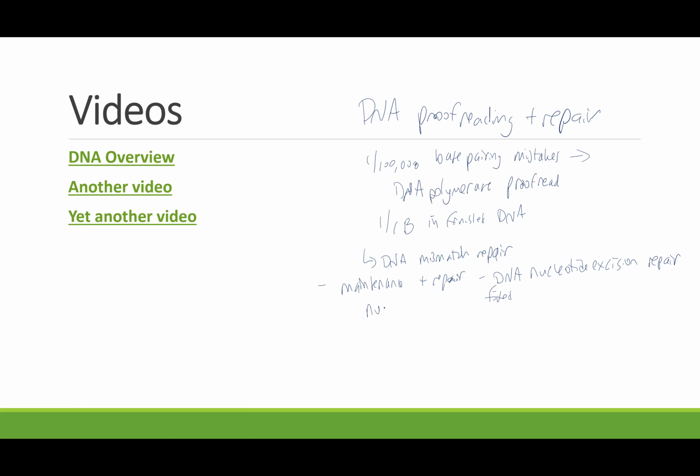So there are enzymes called nucleases. I want to take out that word. That excise or cut out the mistake, and then DNA polymerase and ligase will come in and fix it.